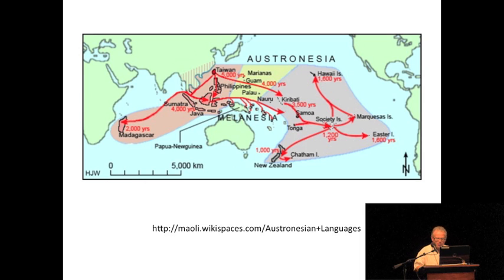And the fact that it is Austronesian is something that was worked out by linguists all on their own. I'm very proud of this example because linguists worked this one out long before archaeologists, geneticists, anyone else got into the game.